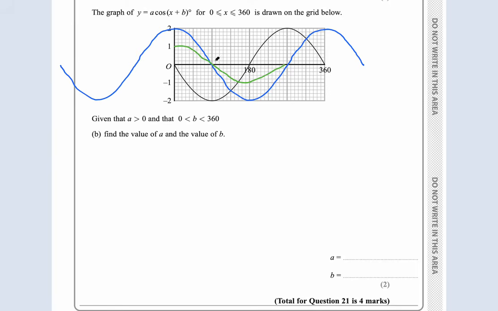But because it isn't starting at 1, it's starting at 2, that means a is equal to 2. Let's write that here. A is 2. It's been vertically stretched, scale factor 2.